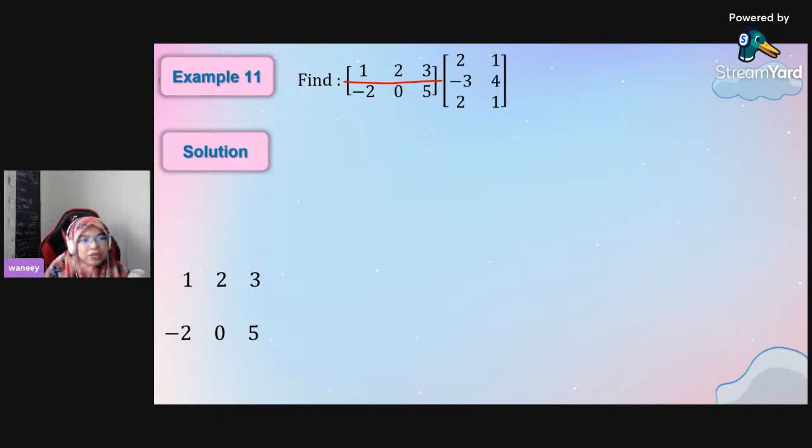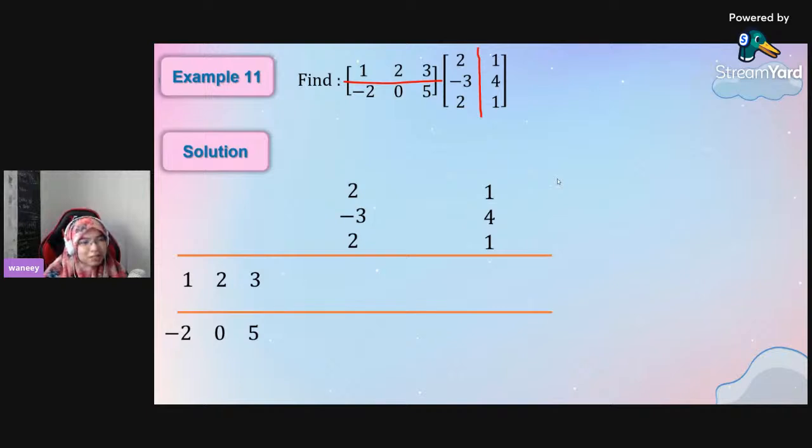And then on the right hand side, we are going to separate them by column. So rows, column, because the way we times them is row by column. Now separate by column, we got 2, negative 3, 2, 1, 4, 1. And then I'm going to do a table for them, something that looks like this. And only now I can do the multiplication.